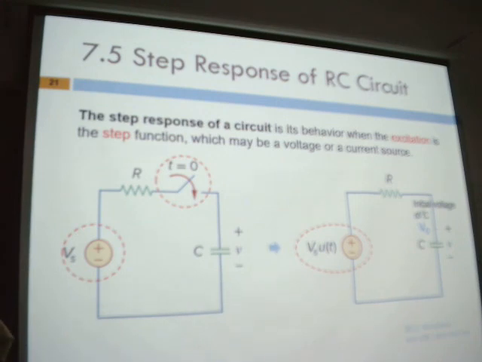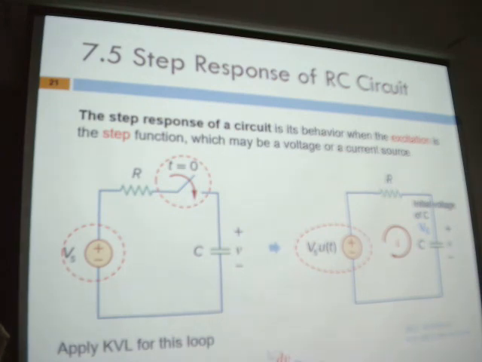And here we have the initial voltage of C, V0, and we can use KVL to calculate. We get Vs u(t) is equal to the current going into here, iR, plus the voltage V here.